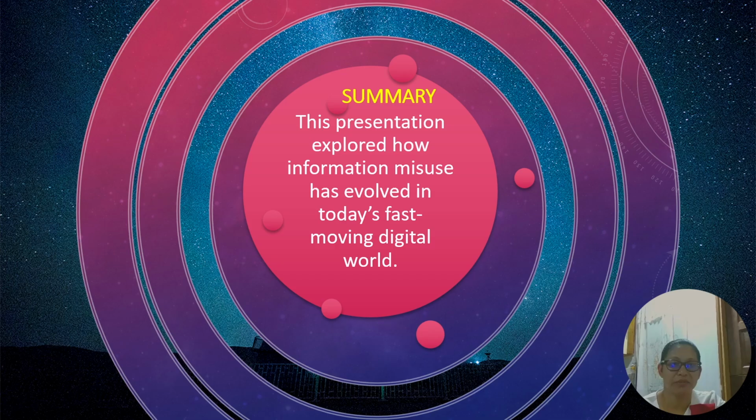And from research, we learned that misuse has real world effects, influencing elections, fueling conflict, and enabling cyber threats. Challenges like cognitive overload, biases, and weak regulations make it harder to manage, showing how closely information misuse is tied to technology, politics, and daily life.